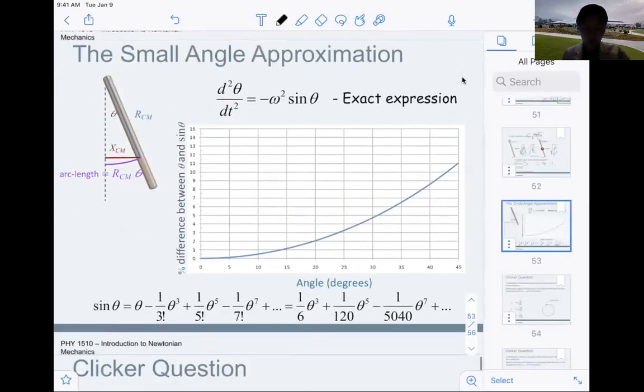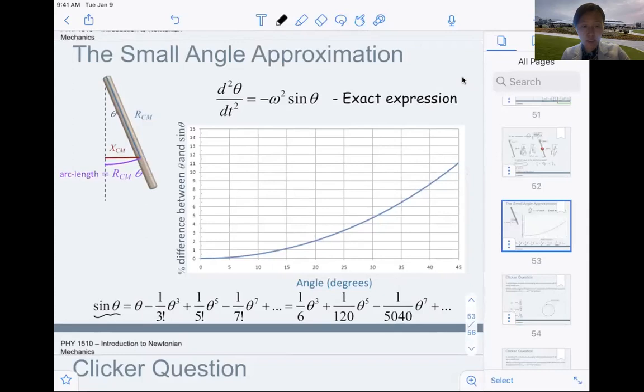I just wanted to explain again the small angle approximation when we derived the equations of motion for the pendulum. We derived that the angular position theta as a function of time follows a sinusoidal function. In the small angle approximation, you can view this by looking at the Taylor expansion for sine theta, right? Sine theta is equal to this entire expression on the right.